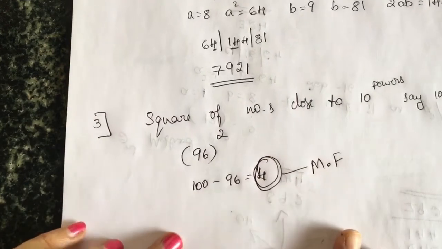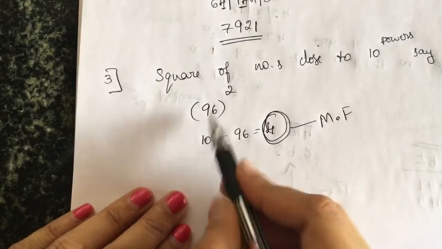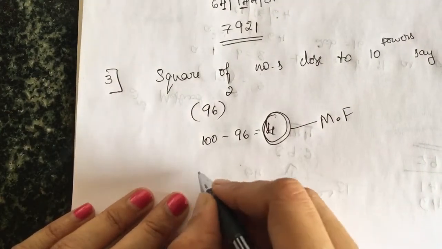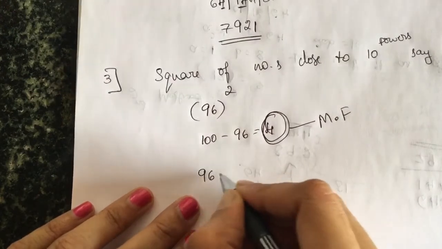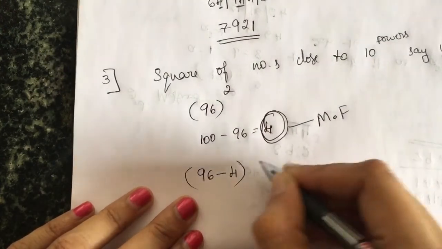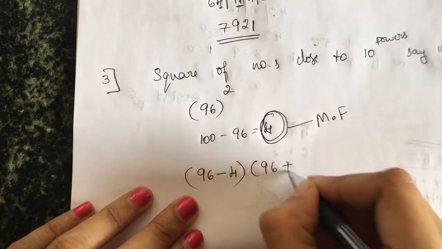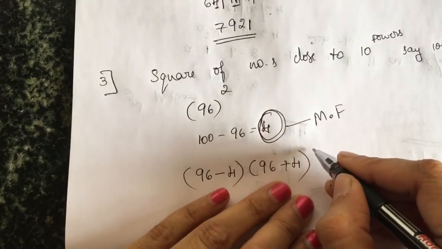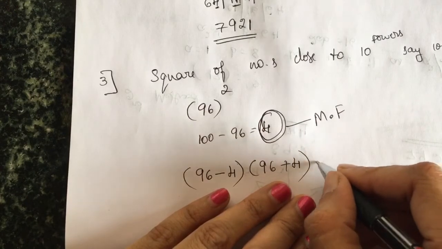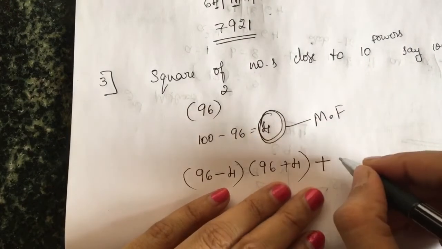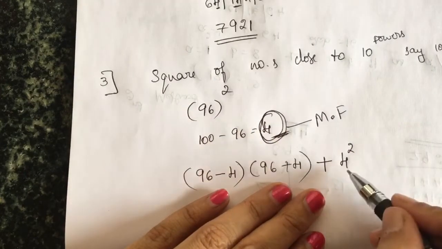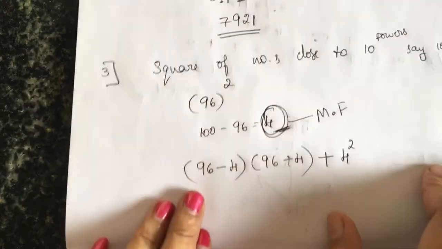Okay, what you have to do is write this 96 square like this: 96 minus 4 into 96 plus 4, plus this 4 square. The multiplication factor is there, no? Its square you need to add.